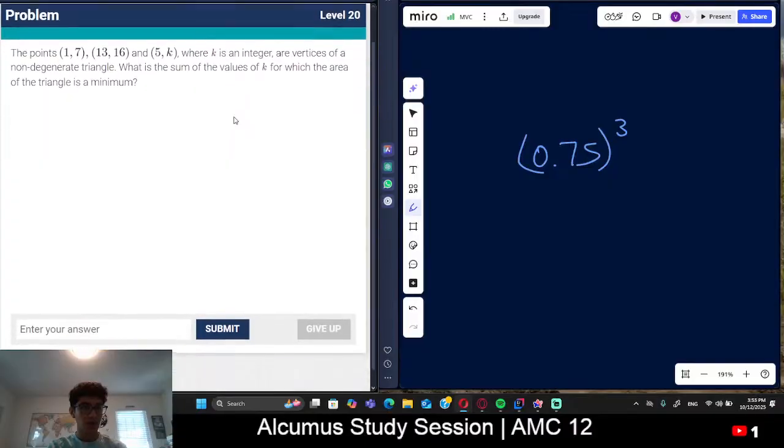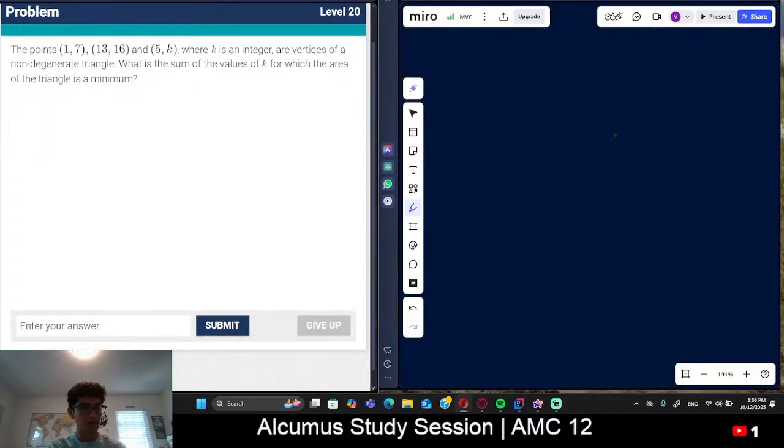That's all there was. The points are vertices of a non-degenerate triangle. What is the sum of the values of k for which the area of the triangle is a minimum? So I think for this we can just use same base, same altitude, right? Or, no, sorry, you just want to use base times height.